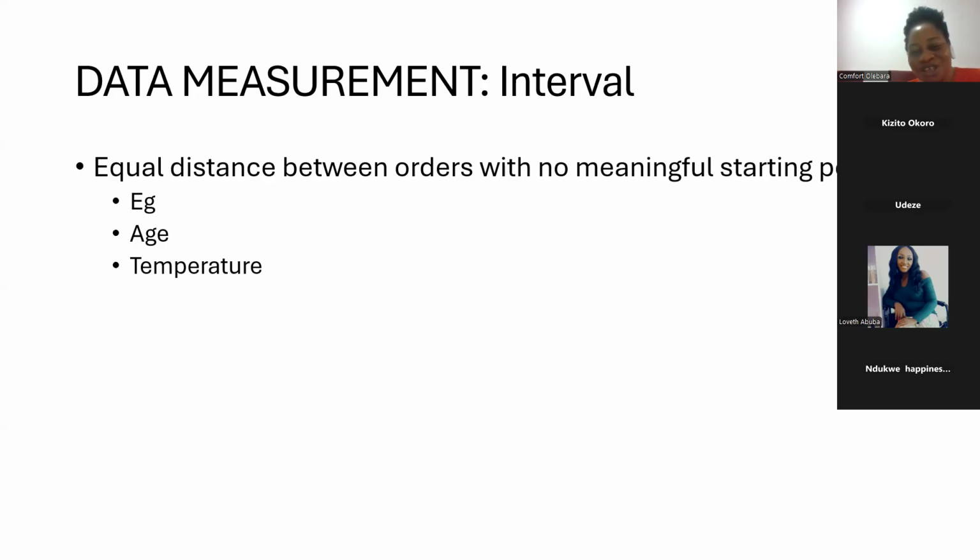But the starting point is not fixed at zero, which is coldest. But in age, we use categories to capture age, which is like ratio. Do you understand?